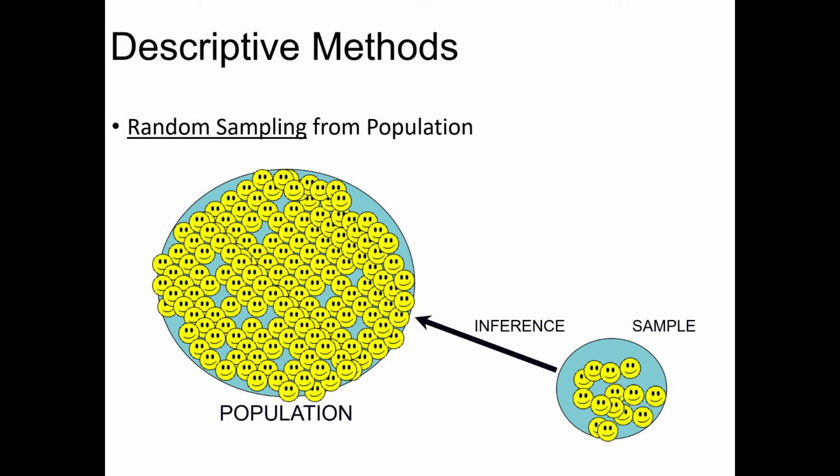And based on the sample that we got, we could make inferences, we could make a summary, and say something about the population. So it is a very, very powerful method to use.